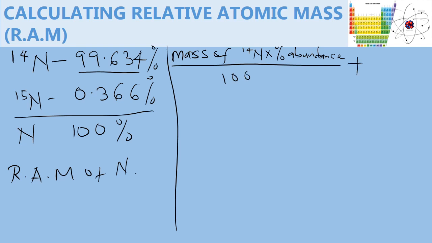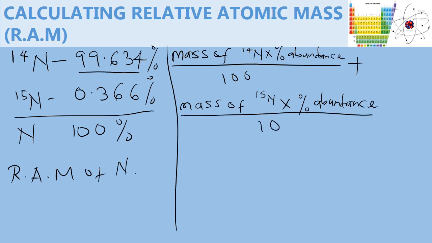And then we add the mass of nitrogen 15 multiplied by the percentage abundance divided by 100. So let us do that.